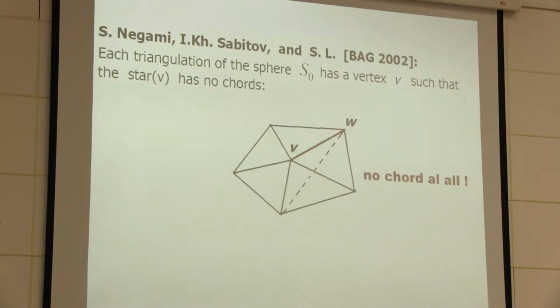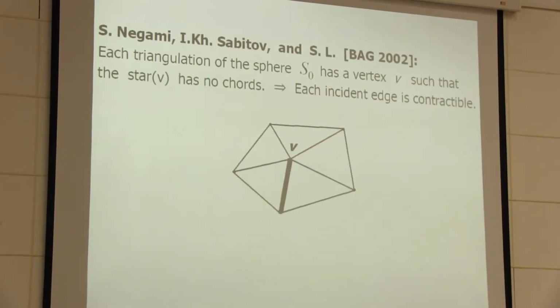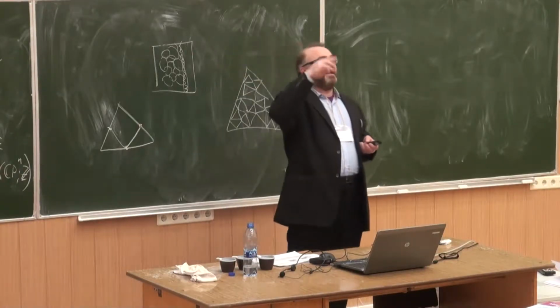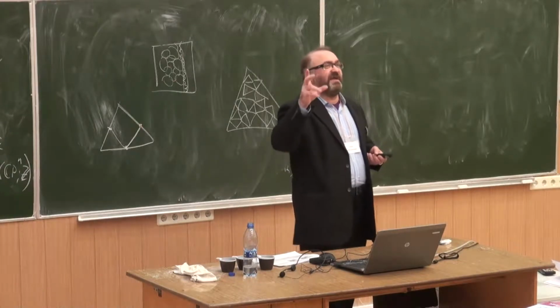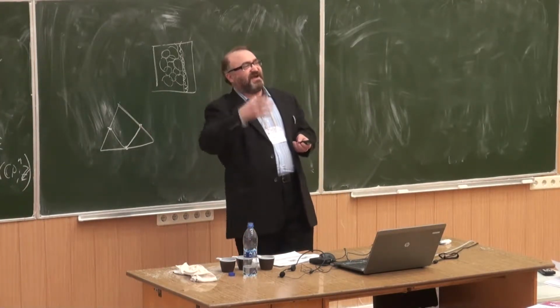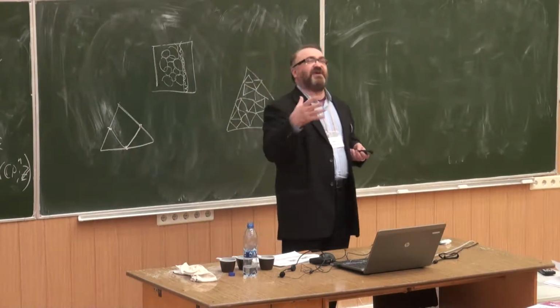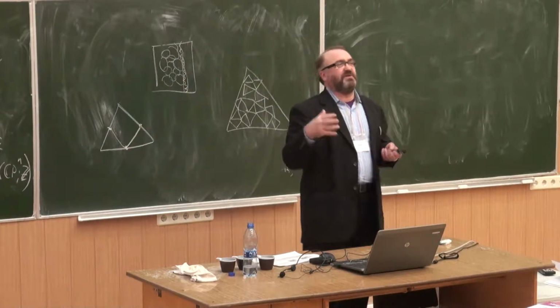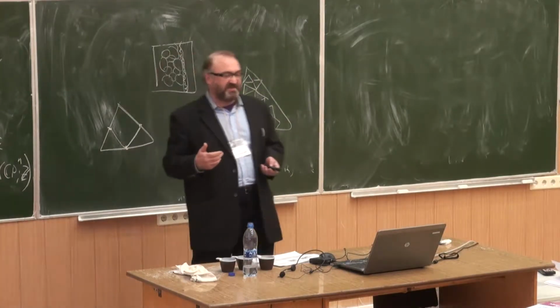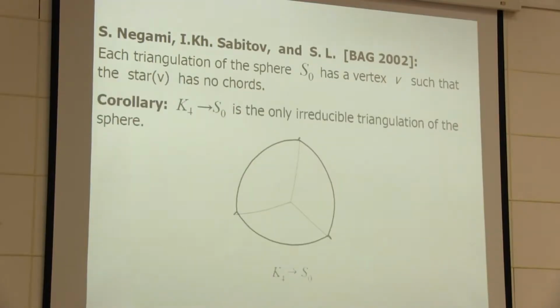But because our theorem says no chords, it means that you can shrink any edge incident with the vertex V, this, and this. We shrink this edge and again apply our theorem looking for the next shrinkable edge and shrink it again. This way, by contracting shrinkable edges, contractible edges, sooner or later we'll reach a triangulation of the sphere with just 4 vertices, which is a familiar tetrahedron on the sphere.